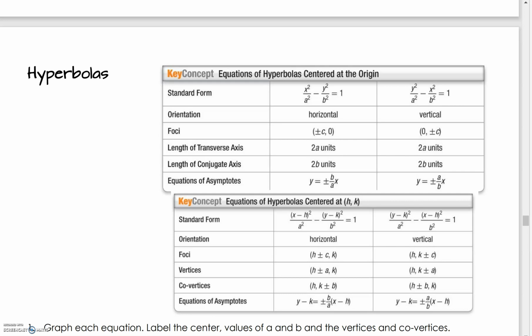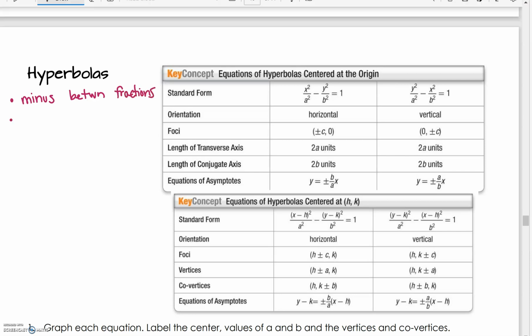This is hyperbolas day 1. A couple of things that we want to remember about hyperbolas is that the equation contains a minus between the fractions. And then we have the equation equaling 1.